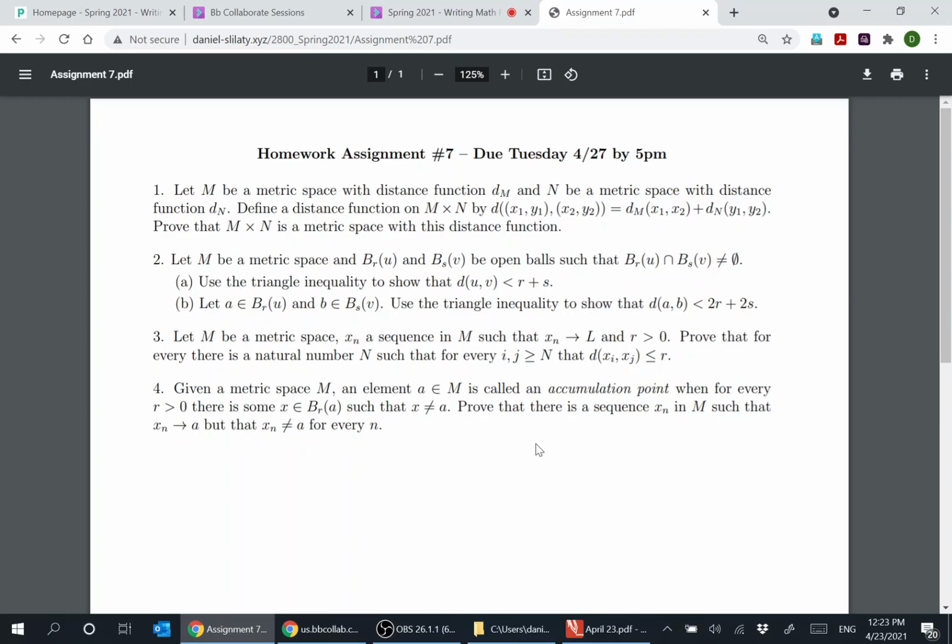What about number 1? What needs to be done in number 1 to show that M cross N is a metric space with that distance function shown there?